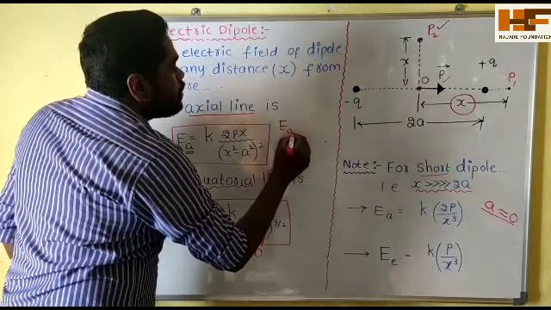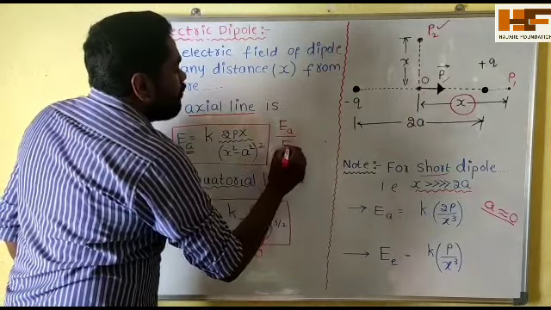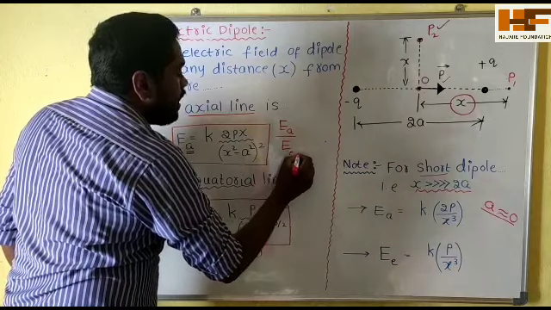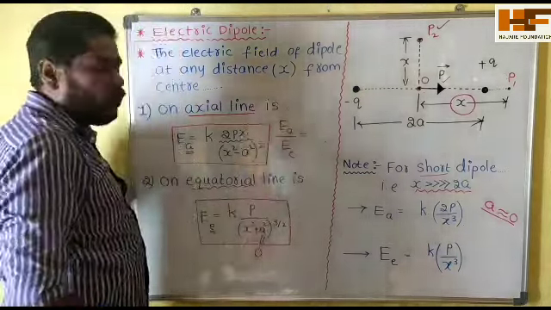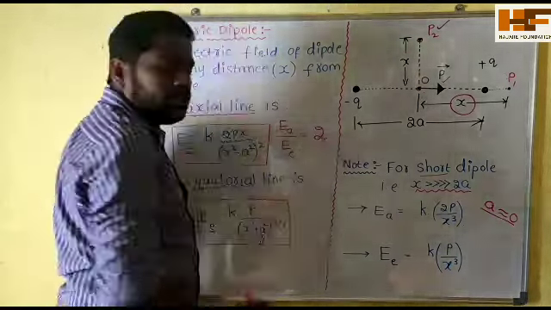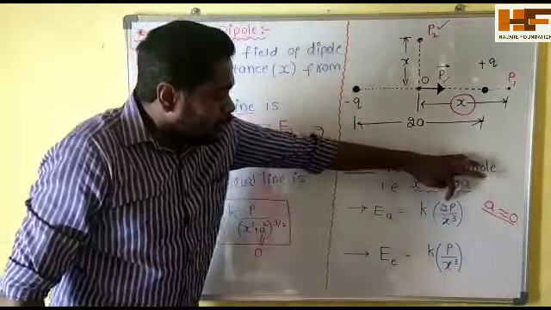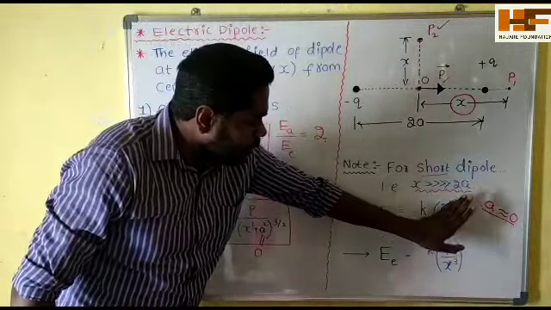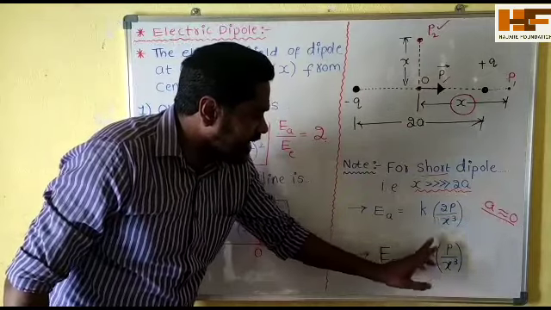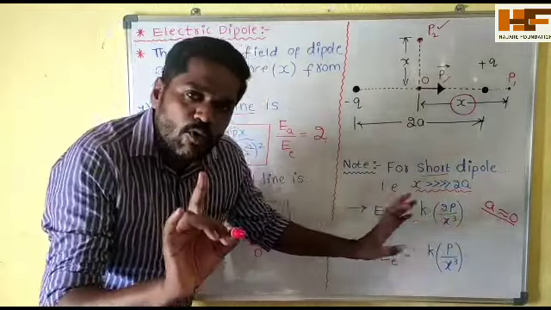So now the ratio of electric field at axial line to the electric field at equatorial line, what will you get? That is nothing but 2. Why? Because 2p by x cube, p by x cube: p cancels, x cube cancels, k cancels, and the remaining factor is only 2.